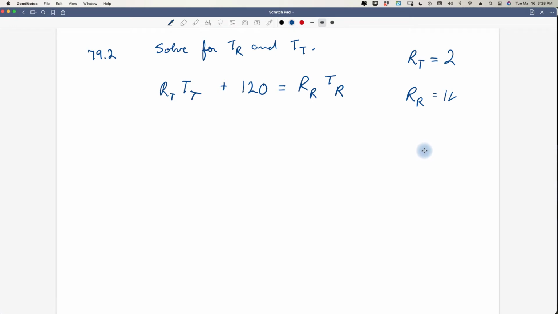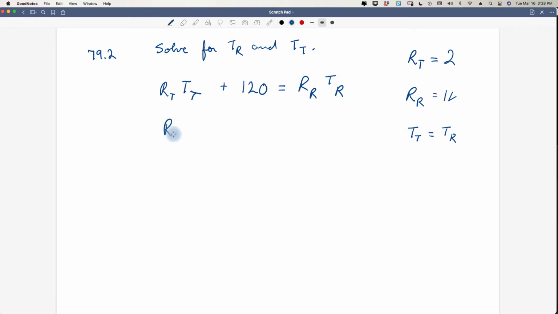And we are told also that t sub T is equal to t sub R. If we're going to solve for t sub R and t sub T, and we know that they are the same value, we can just rewrite this with a different variable.